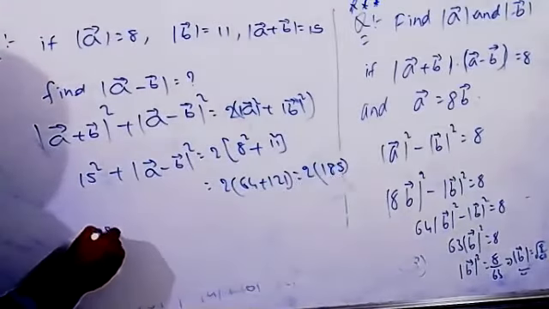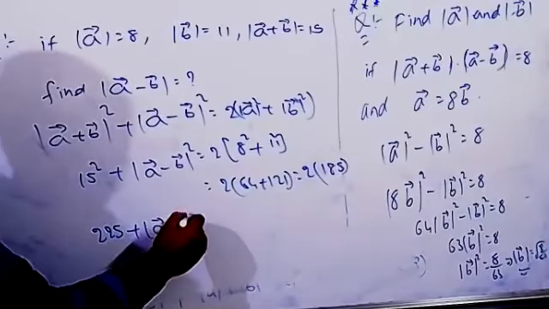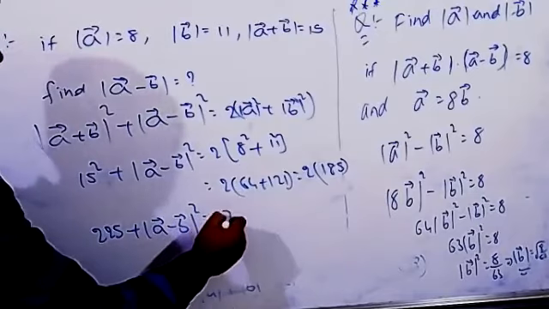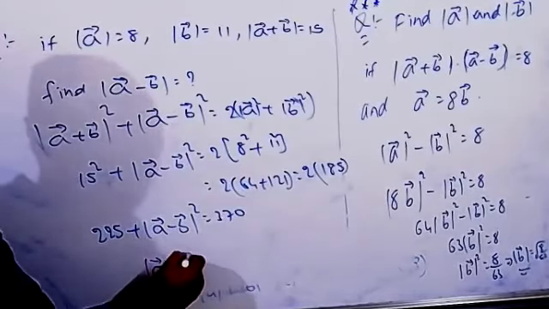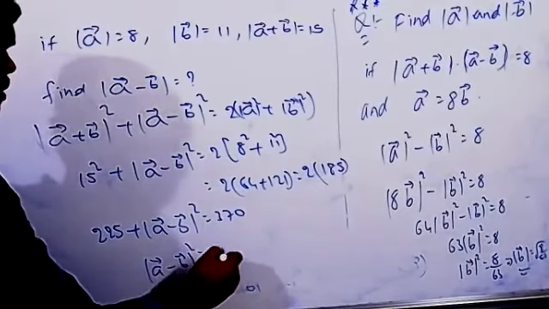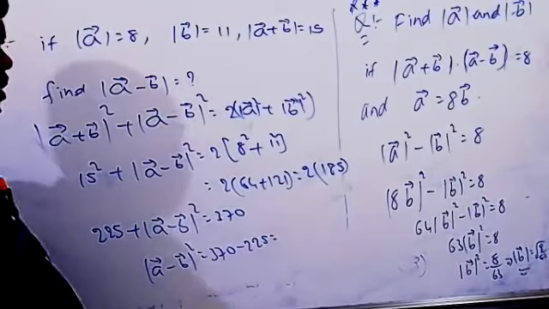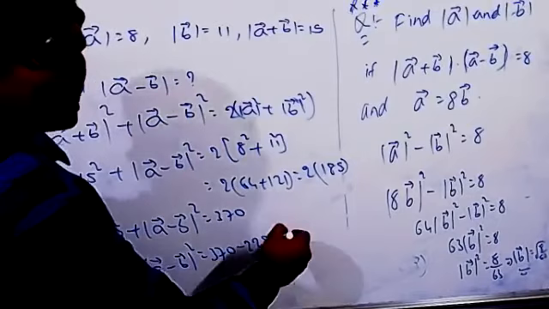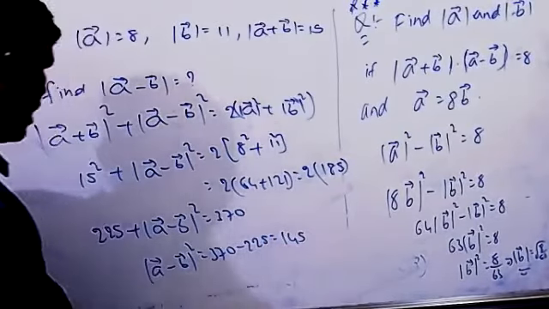15 square, which is 225, plus the modulus of A minus B whole square is equal to 370. So the modulus of A minus B whole square is equal to 370 minus 225, which is 145.